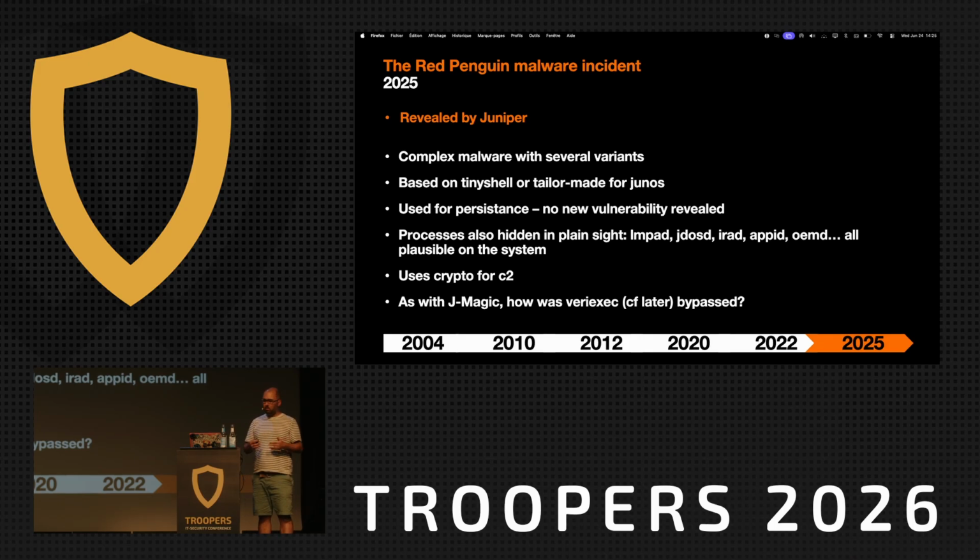Processes were also hidden on the system with legitimate process names, so that a network engineer who would find such a process name would not panic and not raise any suspicions. It used crypto for command and control, which was quite interesting. And one remaining question was how was veriexec bypassed? I will talk about veriexec in a few minutes.